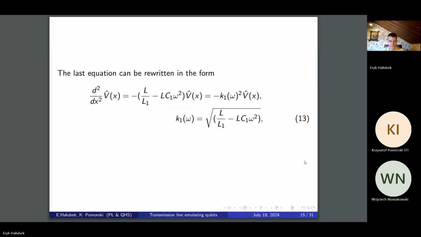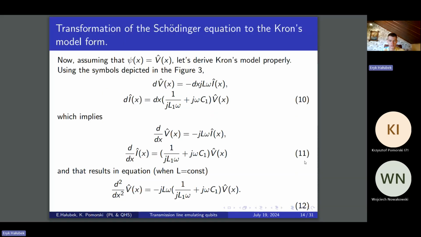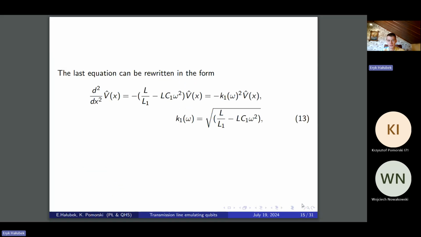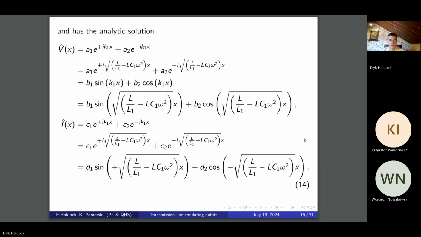Okay. So the last equation, equation 12, could be rewritten in the form of equation 13, and this equation has the analytic solution as shown here.